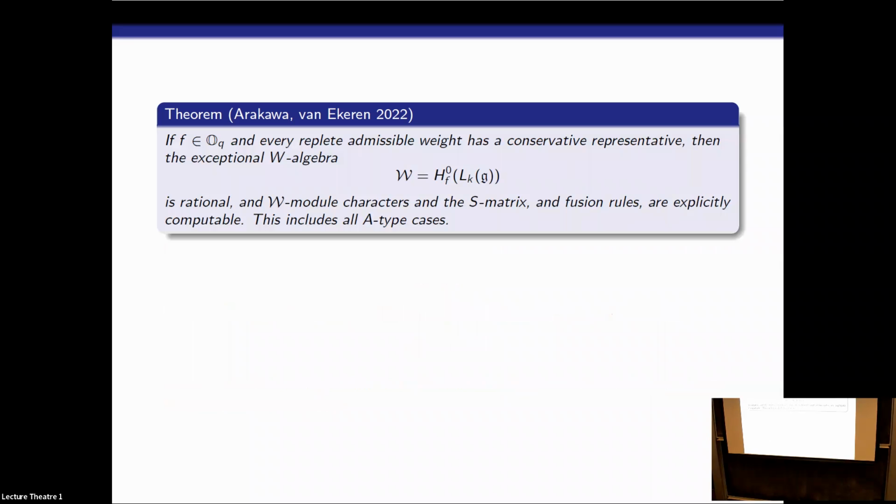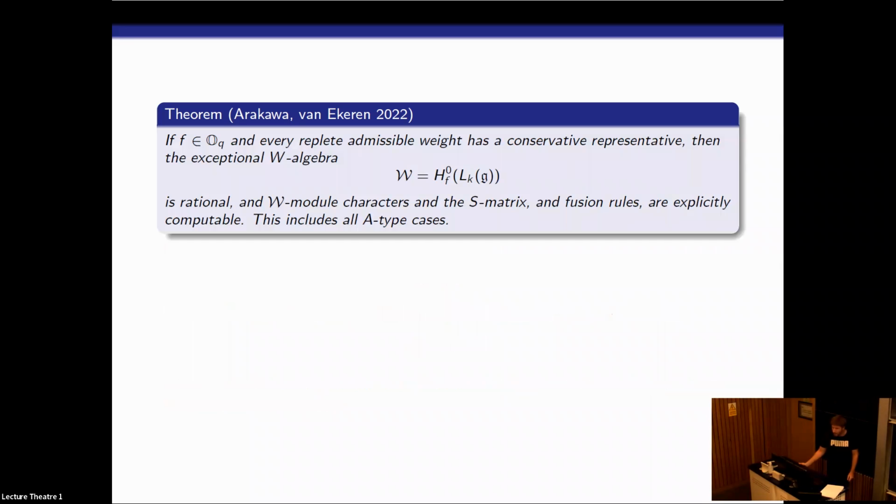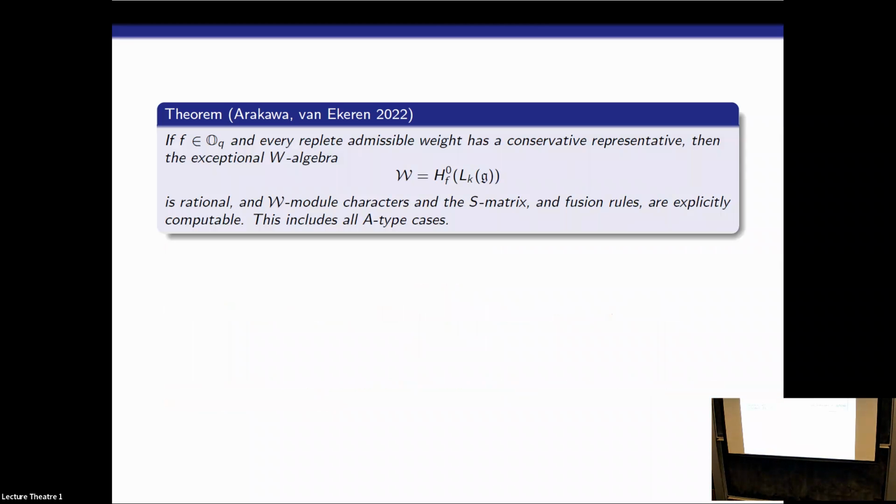We have a rational vertex algebra, W, Hamiltonian reduction of LKG. And we have a complete characterization, in a sense, of the irreducible modules. And we have some explicit way to deduce the S matrix and therefore the fusion rules for this W algebra. Let me just remark within the theorem that this includes all type A cases.